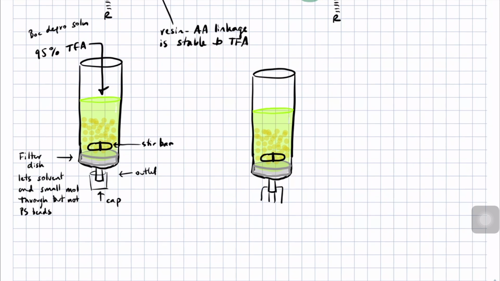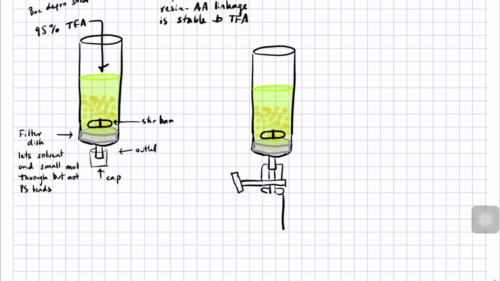Usually the vacuum manifold has, not going to be able to draw it, but basically some kind of stopcock here that allows you to open the reaction vessel, and then you have some kind of receptacle down here that the solvent can go into once you open that stopcock.